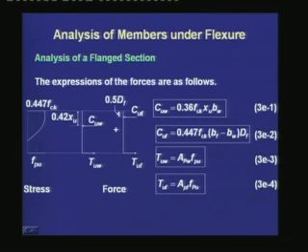Next, CUF is given as the constant stress over the flange, which is 0.447 FCK, times the width of the outstanding flanges, which is the total width minus the width of the web, that is BF minus BW, times the depth of the flange, which is DF.